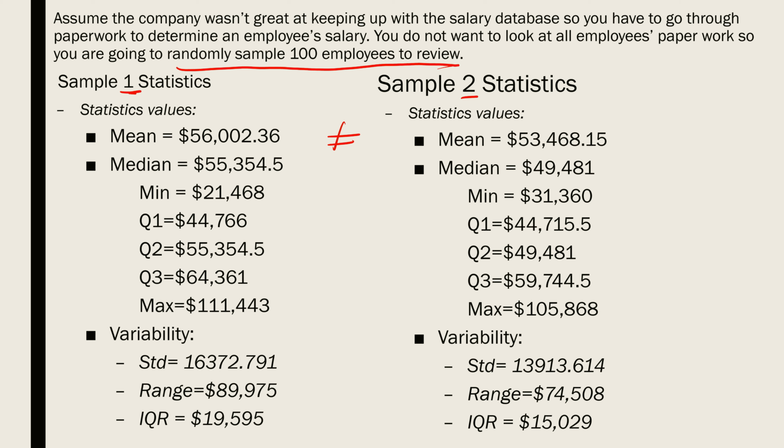Other sample statistics like median, minimum, Q1, Q2, Q3 are all different between sample 1 and sample 2. So are the variabilities. Again, this is what we expect, since we randomly sampled 100 employees to review.